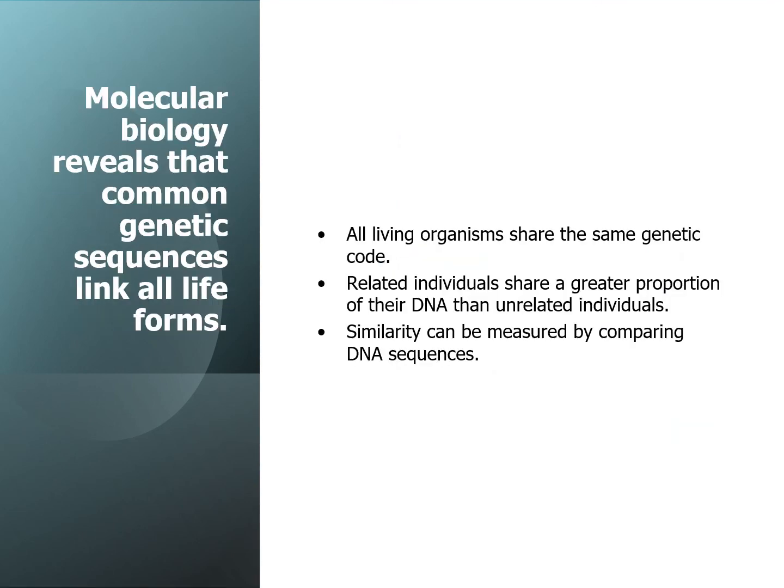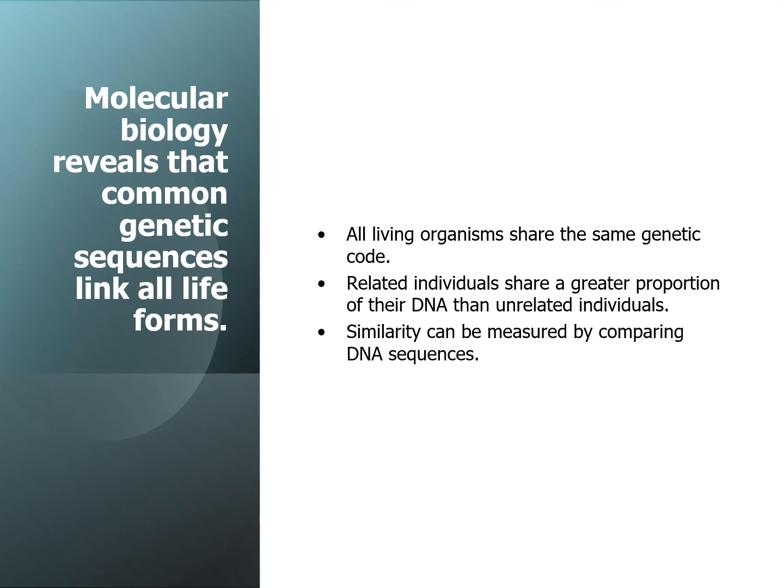Moving on to molecular biology, which is going to reveal that common genetic sequences link all life forms. So all living organisms share the same genetic code, or at least really similar information, if not most of their genetic information is the same.